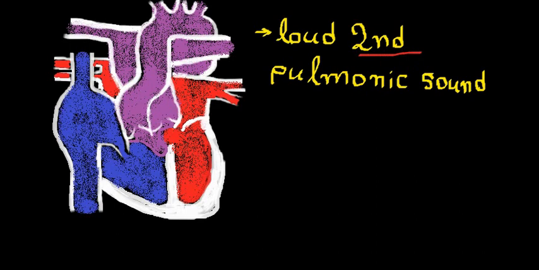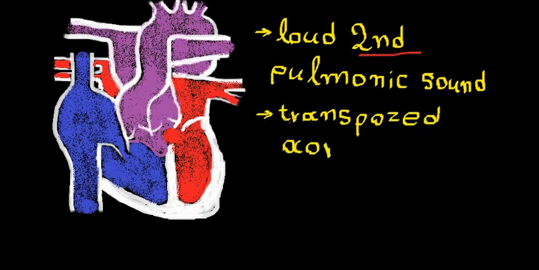Second one: transposed aorta, obviously, as we can see over here. It's from the other side. It's not from the left ventricle. Polycythemia, which is an increased number of red blood cells in the circulation.